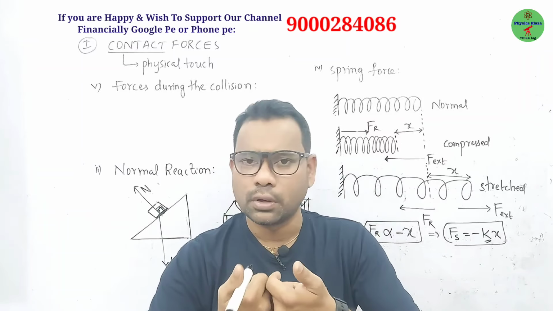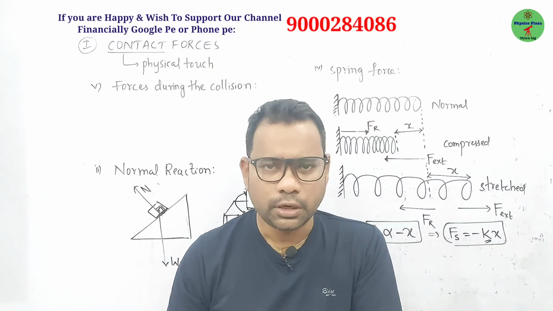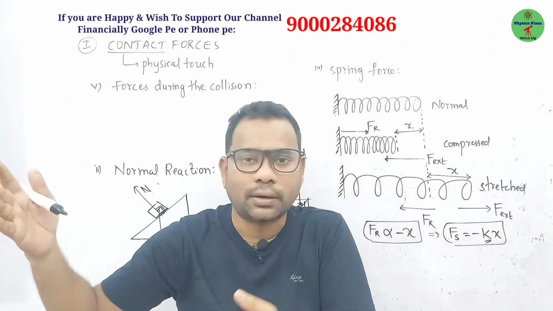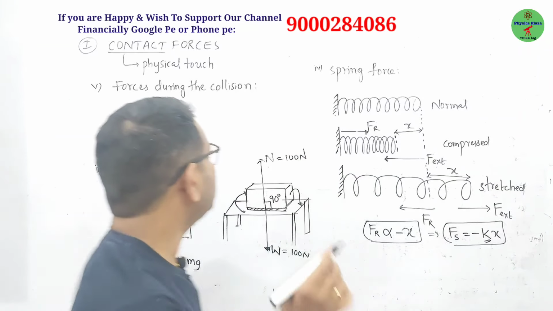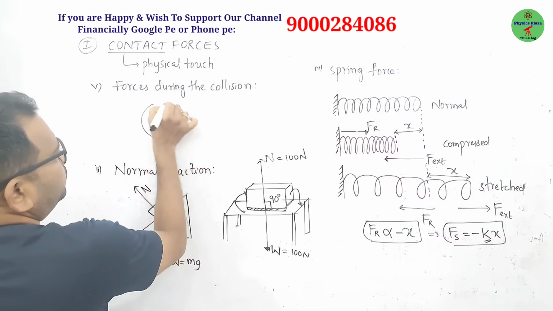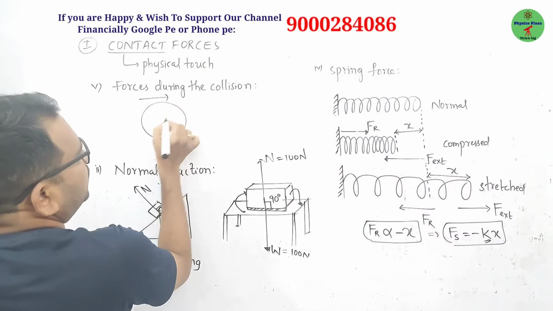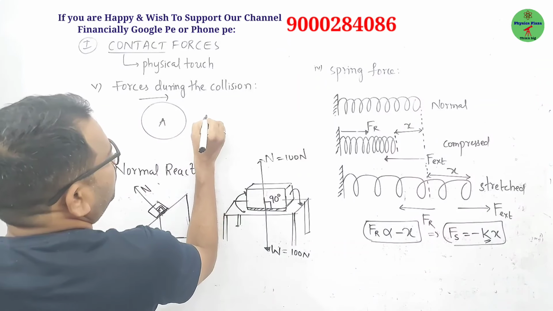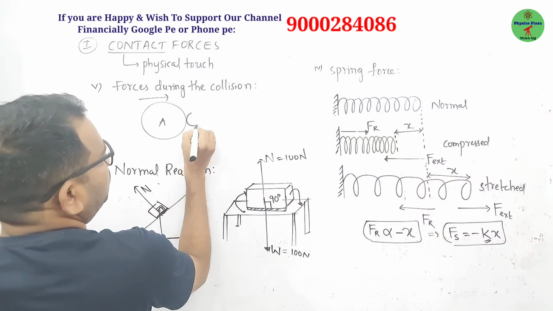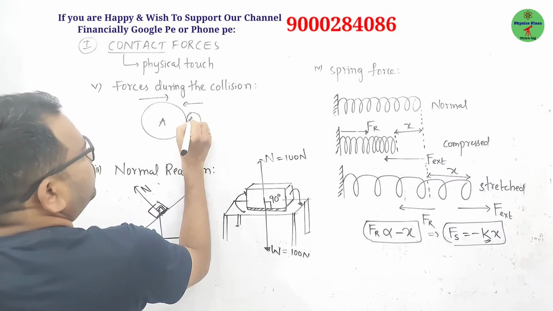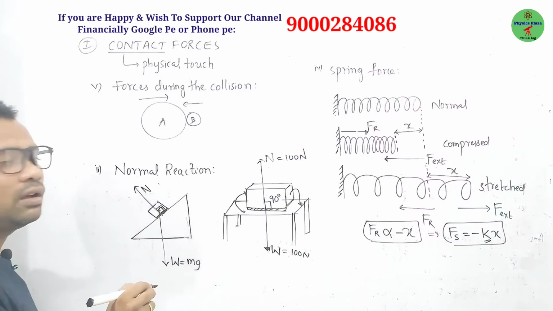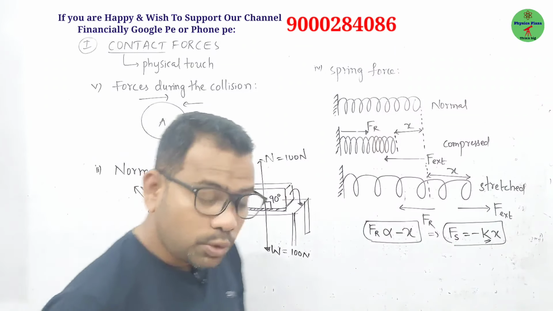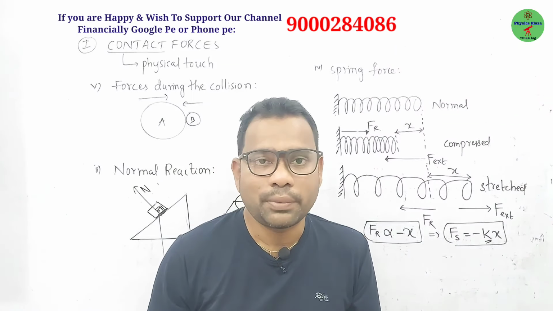Of course, more damage may happen to a small vehicle due to momentum, which we will learn later. Let us say a very big body A is coming, and a small body B, and both came in contact. Still, the small body may get more damaged.